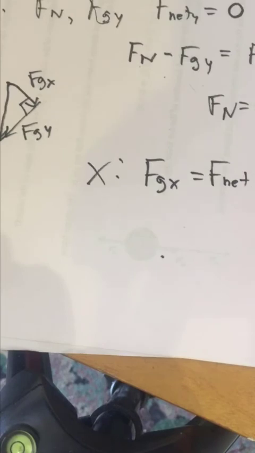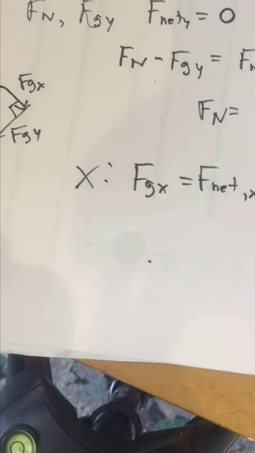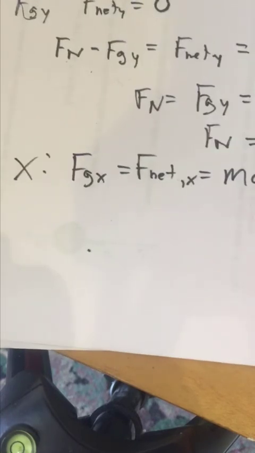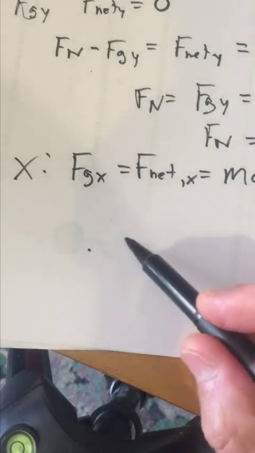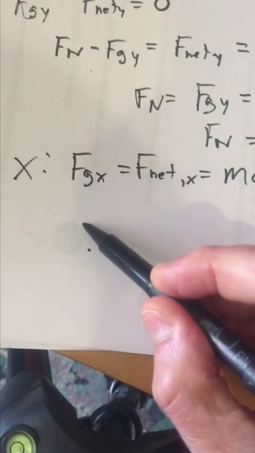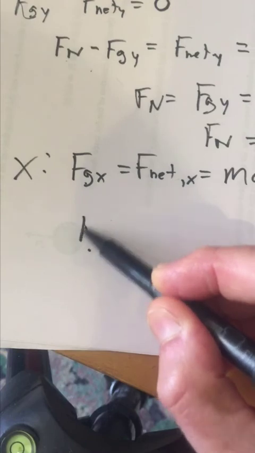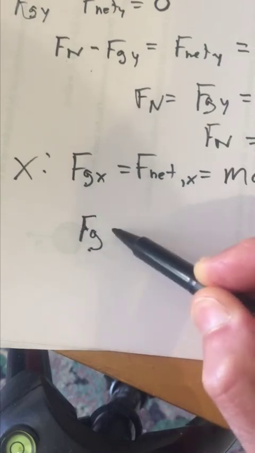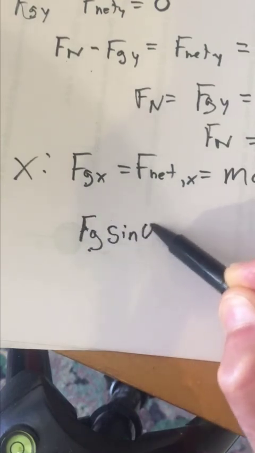In the x direction, remember all we have is Fgx. That's equal to F net in the x direction, which is equal to m times the x acceleration. And this is what I'm interested in. I'm interested in what is my acceleration in the x direction. So let's write what we know. We know Fgx is equal to Fg sine theta.